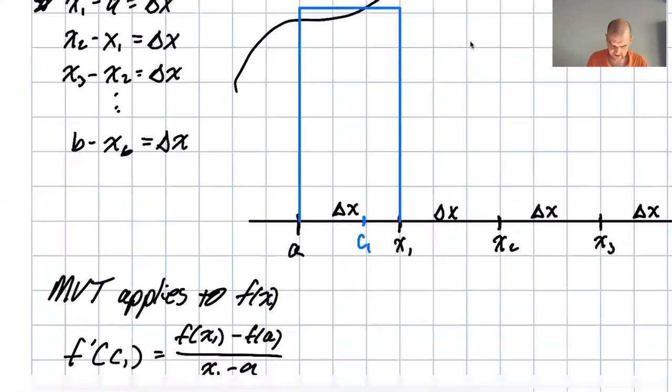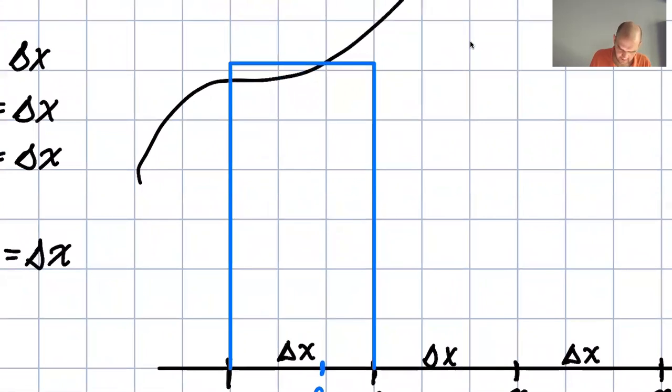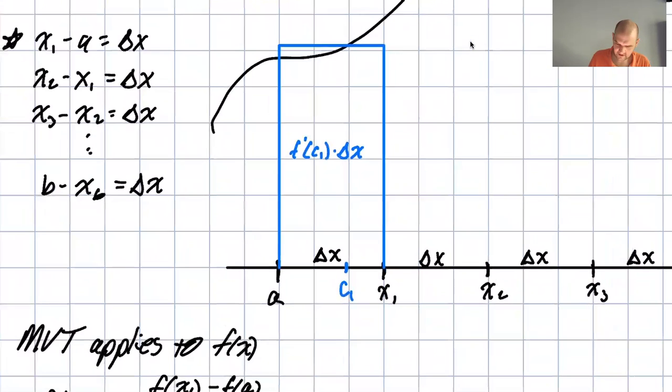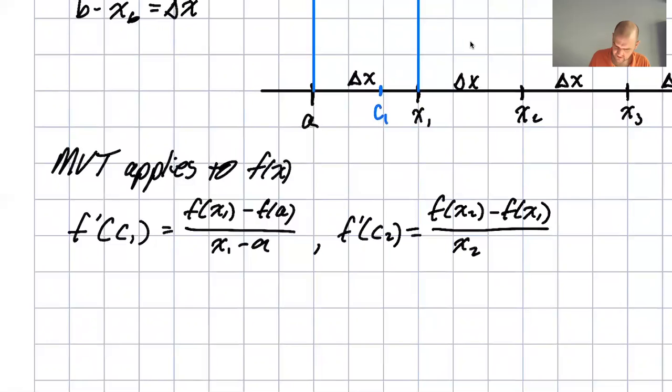Our first rectangle has an area of f prime of c1 times delta x. And then we're going to keep doing this. So on the next interval, there's f prime of c2, which will be f of x2 minus f of x1 over x2 minus x1, right?